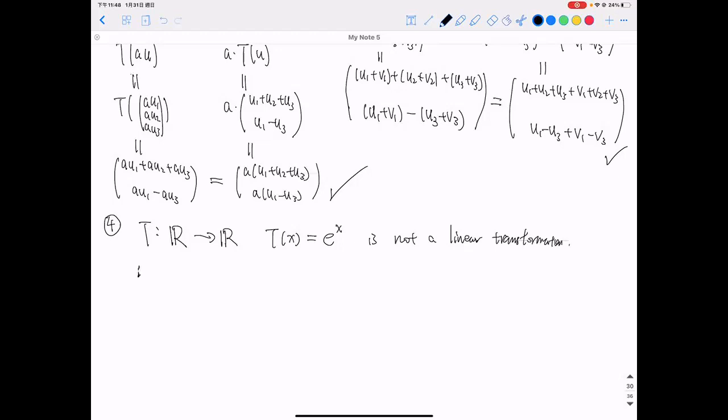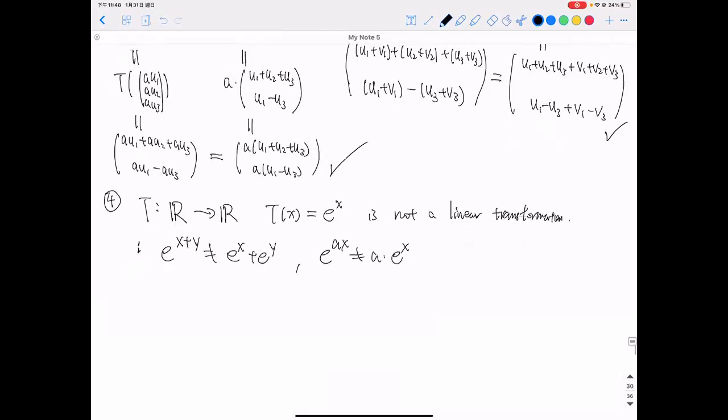For example, T of this is never equal to e^x plus e^y. It's equal to e^x times e^y. e^(ax) is never equal to a times e^x. So the exponential function is definitely not a linear transformation.